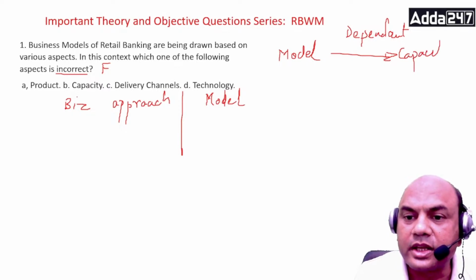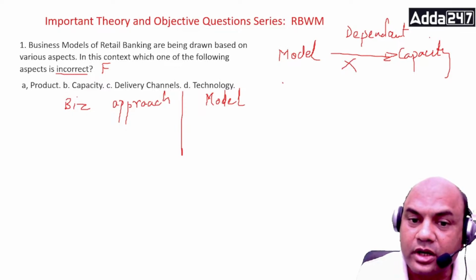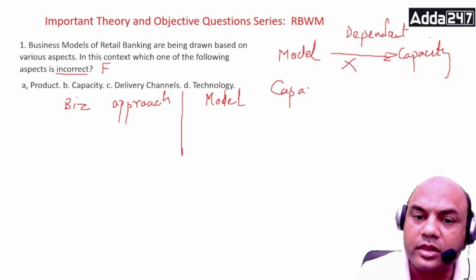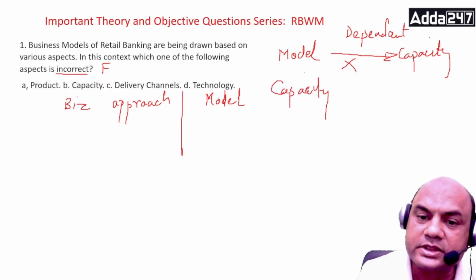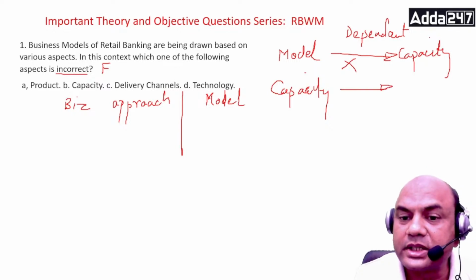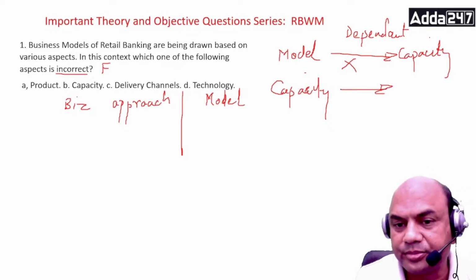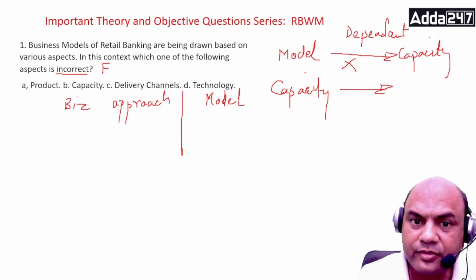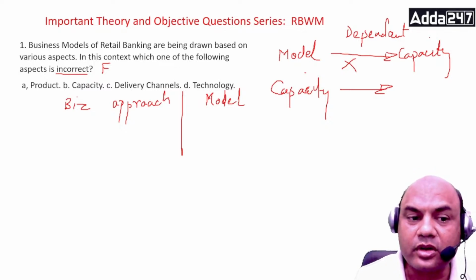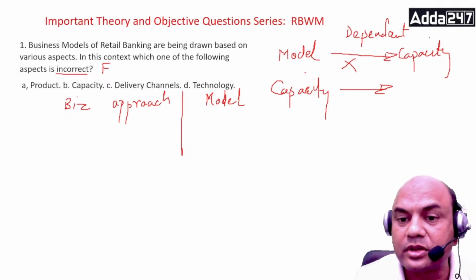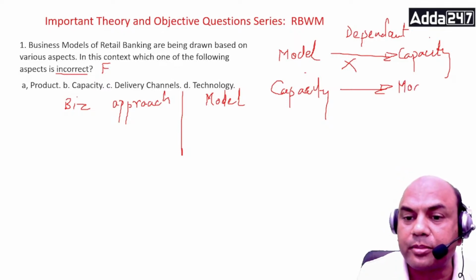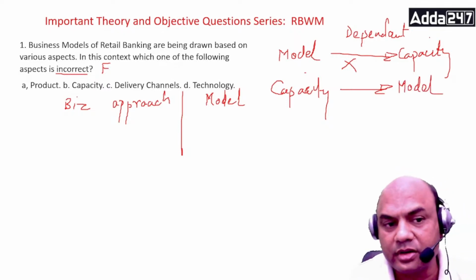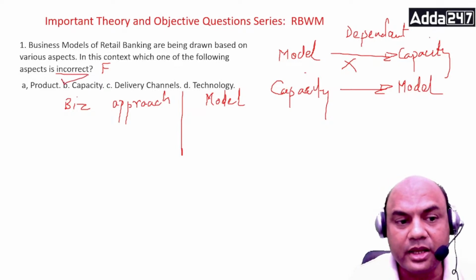That is wrong. Actually, it's reverse. Your capacity should be dependent on the model. First, your business model is decided, and then based on that we hire the human resources. So the model will never be based on your capacity. Capacity will be based on the model. I have to change my capacity as per my model. Got it? So the answer is B. Incorrect.